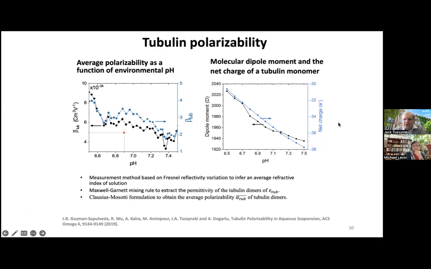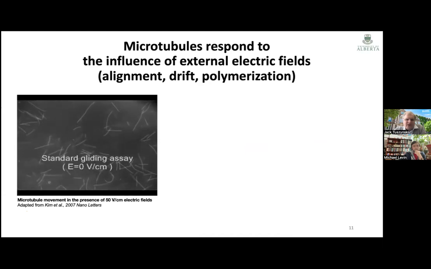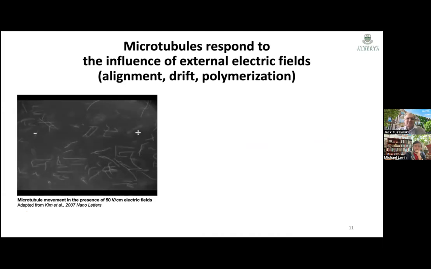And the net charge changes with pH. Why is that? Because some of the amino acids can be protonated or deprotonated, so the charge on the system can vary depending on the pH. Okay, so that's the first experimental data showing you that the system is composed of the environment as well.